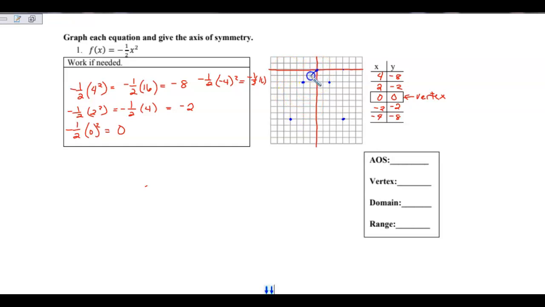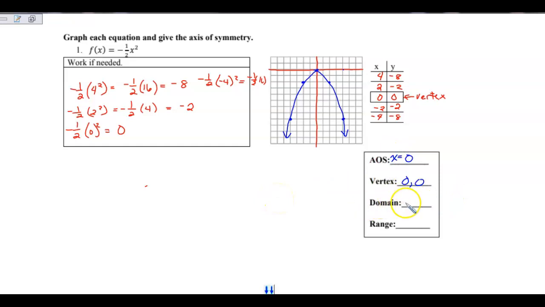Drawing these is a little challenging, so excuse me while I try to do this. Okay, so my vertex is at 0, 0. My axis of symmetry is the y-axis, so x is 0.